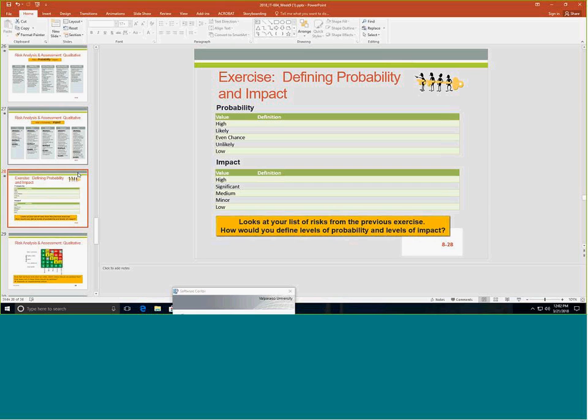Think about what your definition would be for high probability, likely, even chance, unlikely, and low, and the same for impact, what your definition would be for high, significant, medium, minor, and low impact, right? And if you have your definitions rated, then think of how these apply to the 2 risks that you've written down.